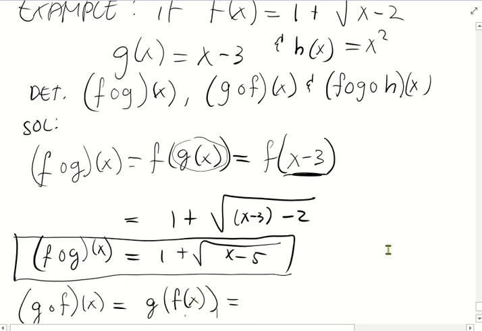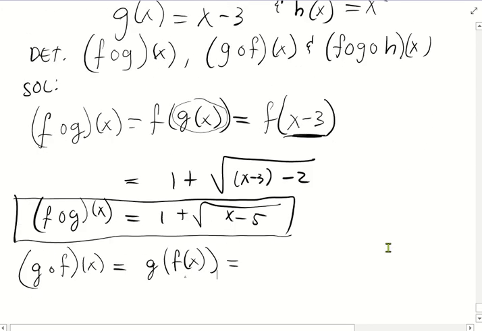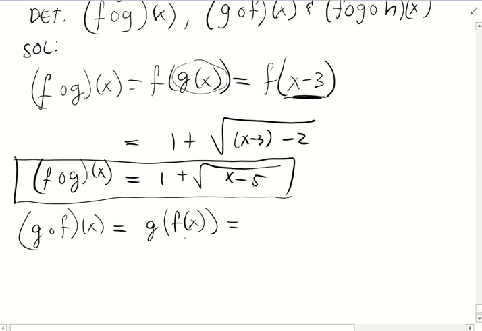So what is f of x? That's 1 plus the square root of x minus 2. And our g is x minus 3. So we just change x with f of x. So this will be, what is f of x? It's 1 plus the square root of x minus 2. So this is our f of x.